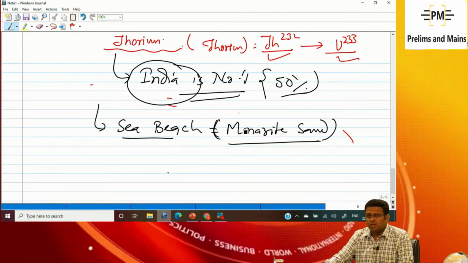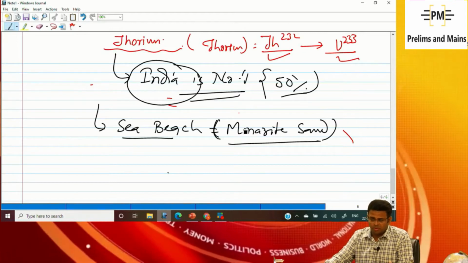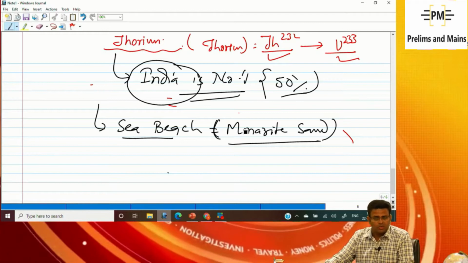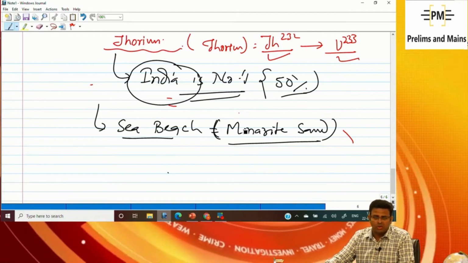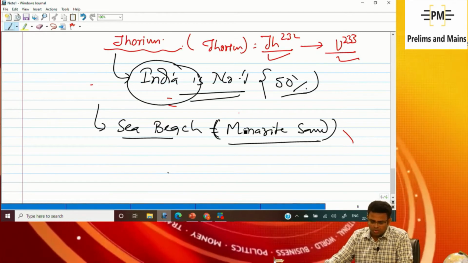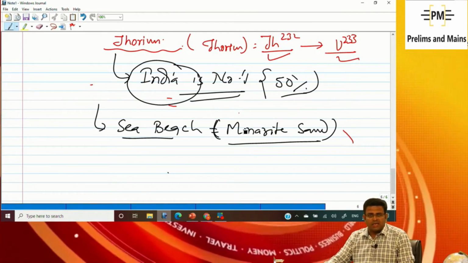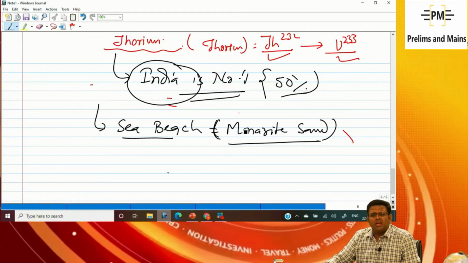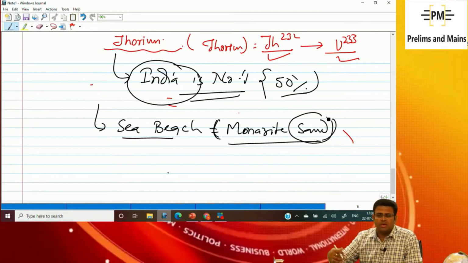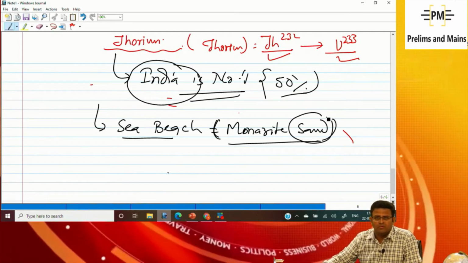In this, thorium is found in a good amount, and it is not emitting any kind of radiation. You know that it is a fertile material, but we have to convert it into uranium 233. So monazite sand is in the coastal region, and wherever the sand is there, it is better to say that it is monazite sand. Sometimes you can also find it along the rivers.